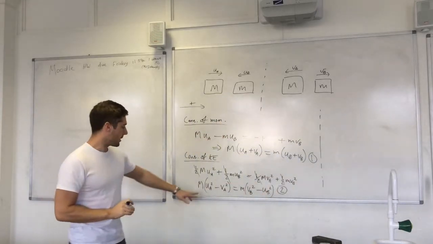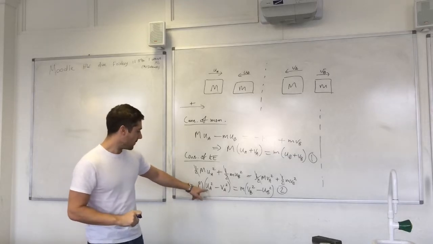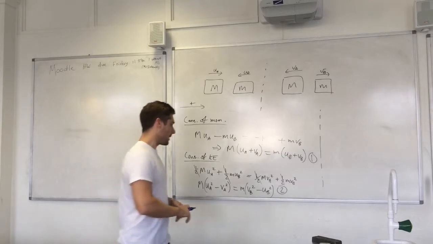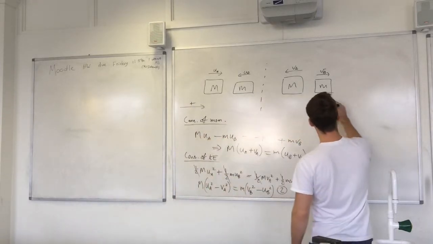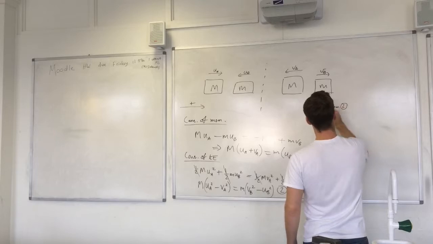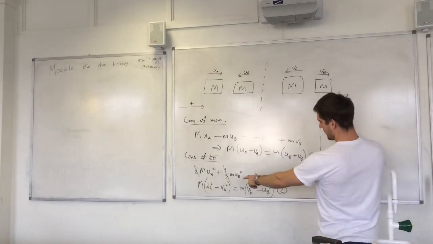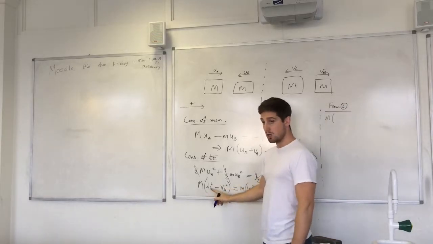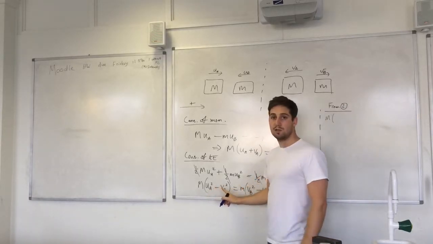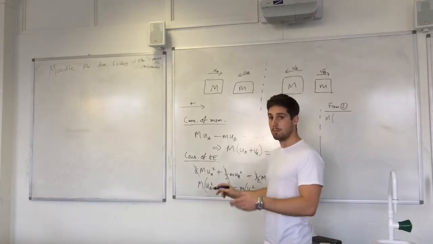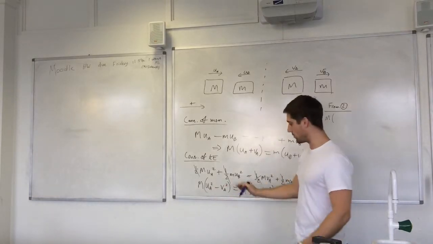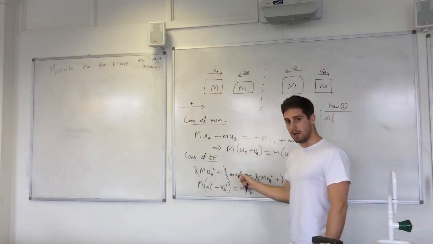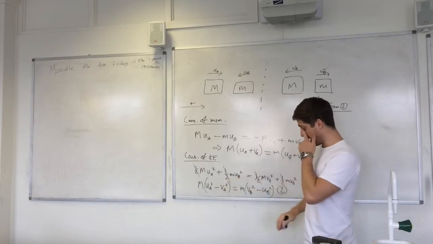Well, the first thing is we're going to take equation 2, and if you notice, we can expand those brackets out into factors. So let's do that. Firstly, we get M times, if I multiply UA plus VA by UA minus VA, so UA plus VA multiplied by UA minus VA, then I would get that term there.